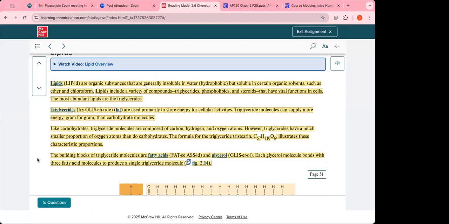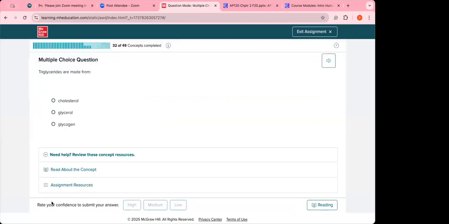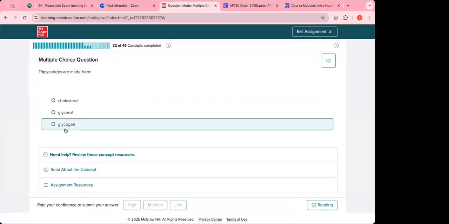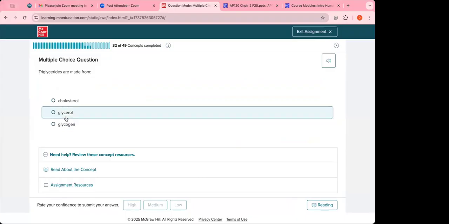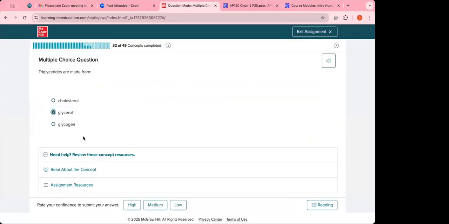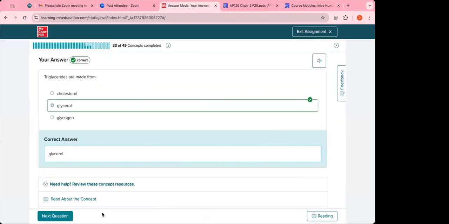The building blocks of triglycerides are fatty acids and glycerol. Each glycerol molecule bonds with 3 fatty acid molecules. So triglycerides are not glycogen, glycerol. Fatty acids and glycerol.